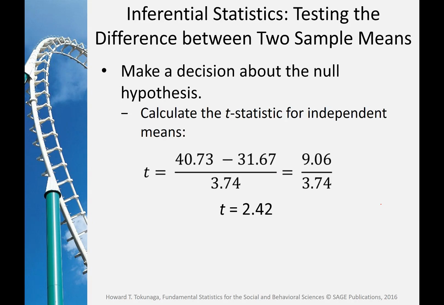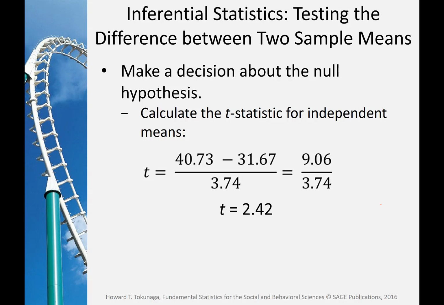Calculate t the same way, the difference divided by our standard error. The gap is 9 seconds divided by 3.74, which gives me a t-score of 2.42. Am I happy?